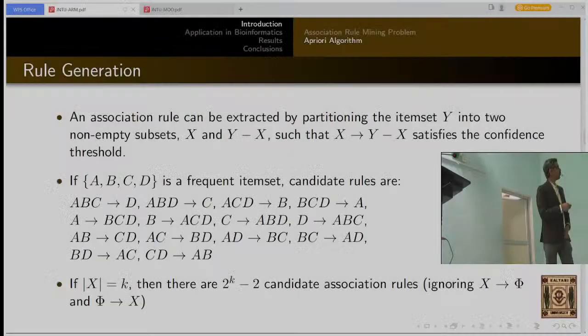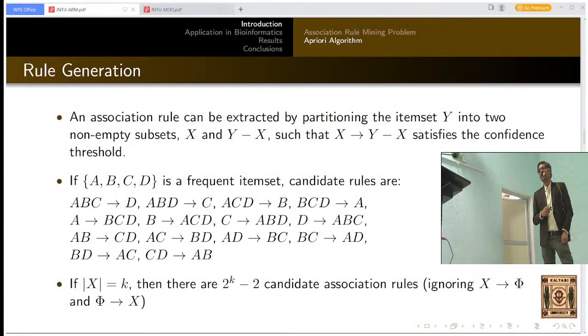So you have to extract this many rules, and then find out the confidence values of these rules. But finding confidence is not as time consuming as finding support. Can you tell why? Because for finding the support value, you have to access the actual data set.